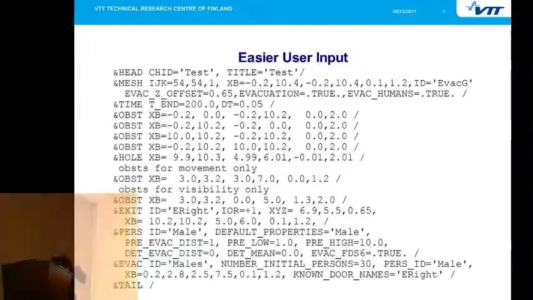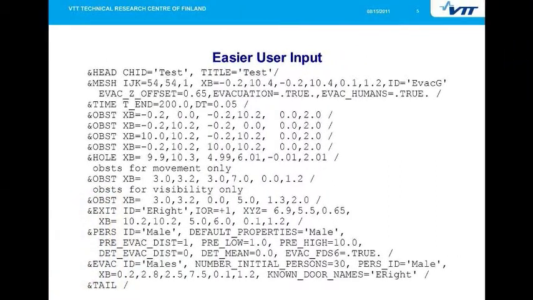Here's an example of the easier user input. I show in the next slide which kind of geometry you get. But the basic thing now, you need one floor of the building, you need only one evacuation mesh. Then you have the timeline and then some obstacles making your geometry.